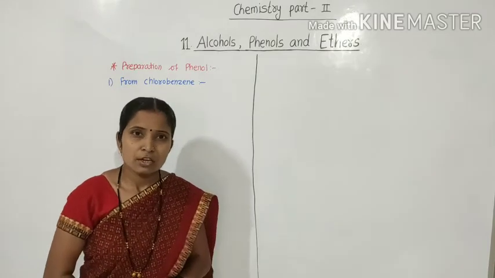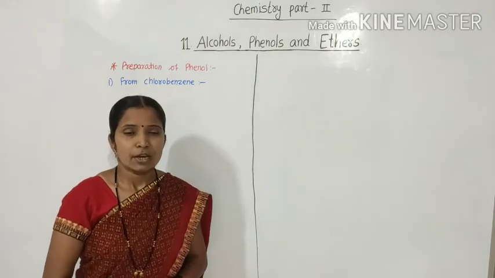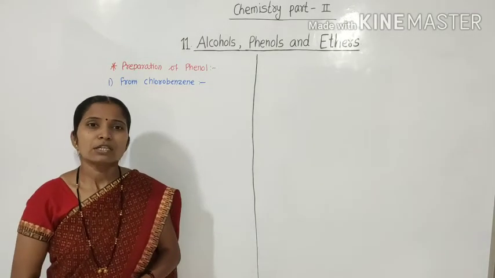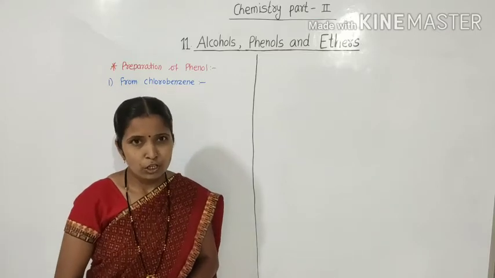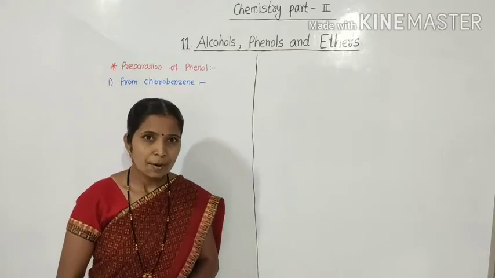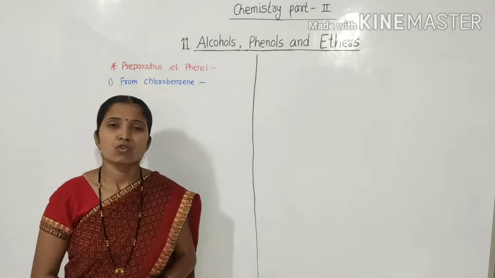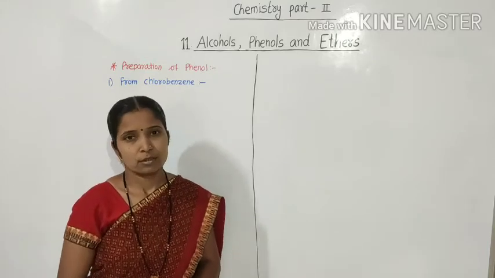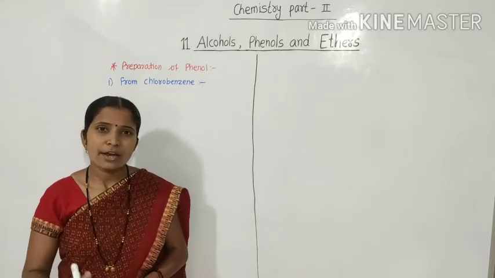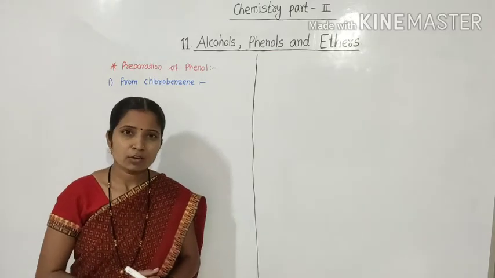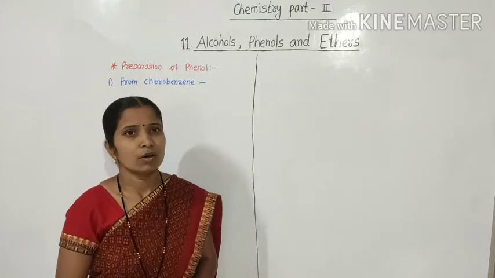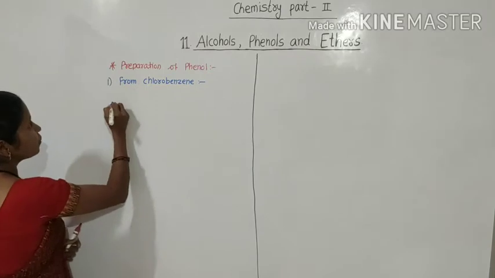Chlorobenzene is treated with fused NaOH. Chlorobenzene is fused with NaOH at high temperature and pressure to form sodium phenoxide, and sodium phenoxide on further treatment with dilute HCl forms phenol. Let's see the reaction.